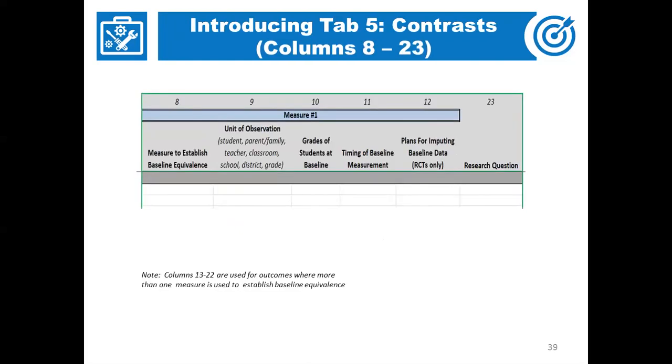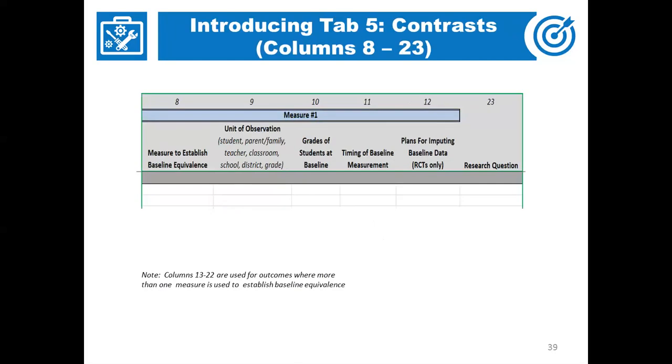Second, you would indicate which measures you're going to use, and if you say you have 2 measures, these same tabs from 8 to 12 repeat 3 times. So you can have up to 3 measures for establishing baseline equivalence. You would put in a measure, the unit of observation, the grade of the student at the time of the baseline measurement, the timing, and whether you have any plans for imputing baseline data.